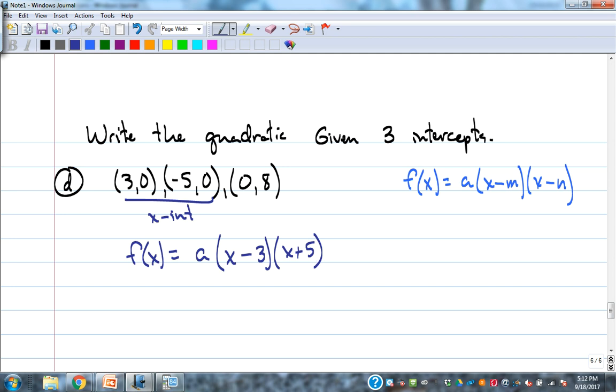Change the signs to get them back into the equation part, right? So (x - 3)(x + 5). That's intercept form, but a is not in there yet. I've got to find a.